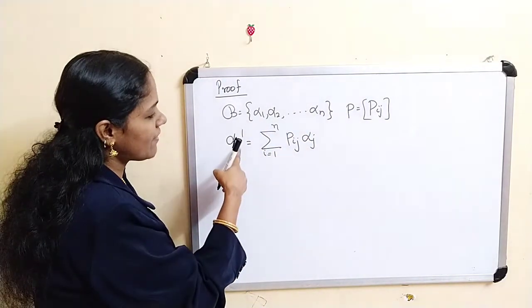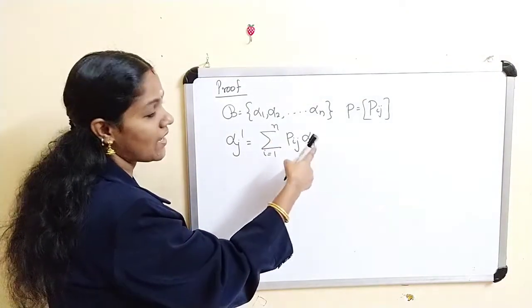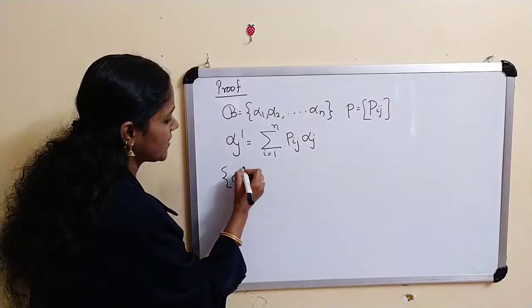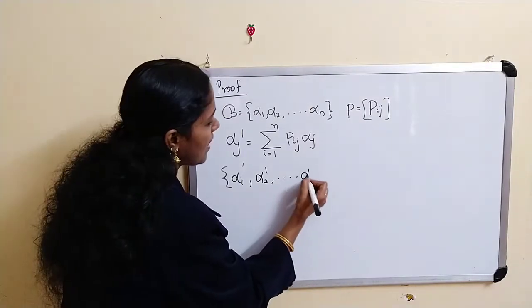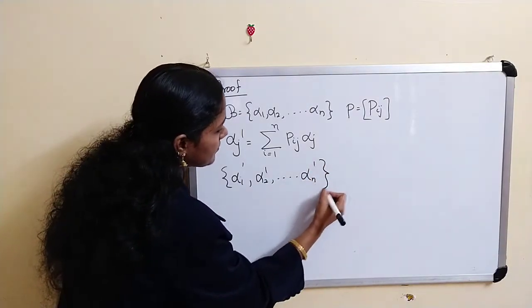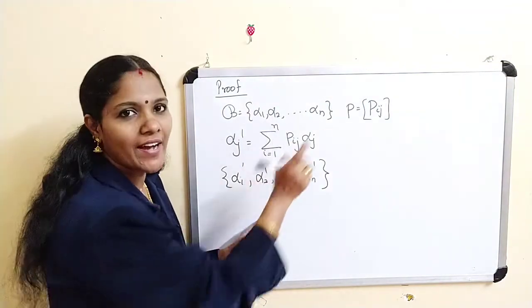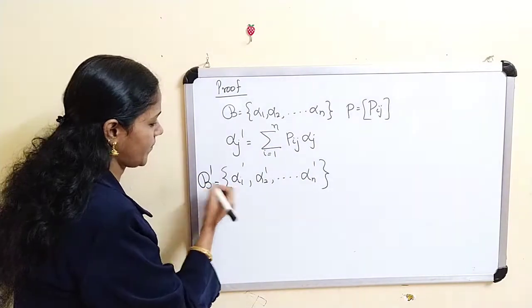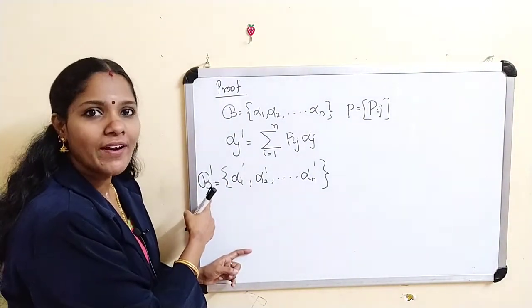So alpha j dash is sigma i equal to 1 to n, P i j alpha i. Then clearly alpha 1 dash, alpha 2 dash, etc. alpha n dash are all linear combinations of alpha i's, and we are denoting this as B dash. Now we have to prove this B dash forms an ordered basis.